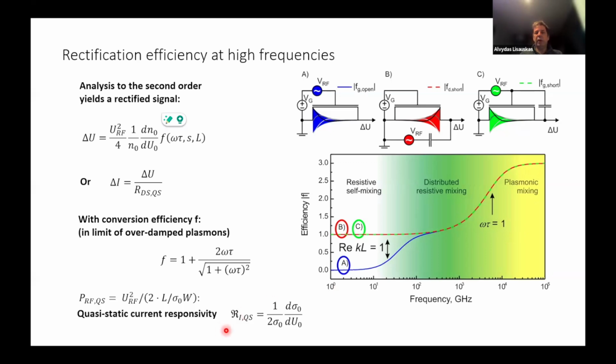And now one can get to the quasi-static responsivity of it. Responsivity requires us to also know how much power we would add here, but we can get the power from the very same approach used for Schottky diodes, out of the AC oscillations we applied, so from Joule heat.